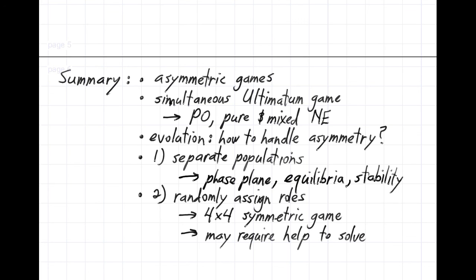As I've mentioned before, the choice of these 2 is not so much up to you, depending on how you set your system up. But if you're looking at a real system, it probably dictates whether it's fair to look at it from the perspective of 2 separate populations, or whether randomly assigned roles is the correct way to look at the game. So those are the approaches.